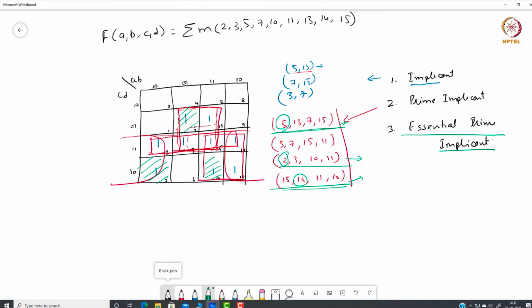So let us see in this case, because of this, 5 and 13 are covered, 7 is covered, 15 is covered. Because of 2, 3, 10, 11, 2 is covered, 3 is covered, 10 and 11 are covered.